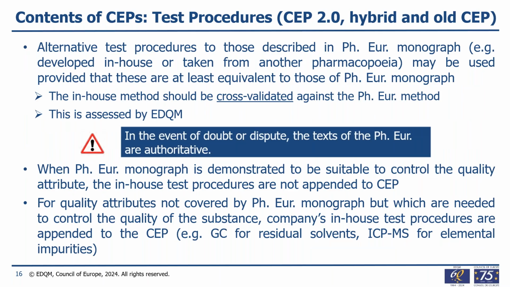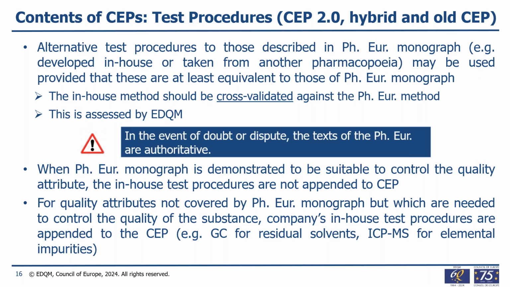Regarding the test procedures, and this applies to all types of CEPs, 2.0, hybrid and old CEPs. Alternative test procedures to those which are described in the EP monograph, for example developed in-house or taken from other pharmacopoeias, may be used, provided that they are at least equivalent to the EP monograph.